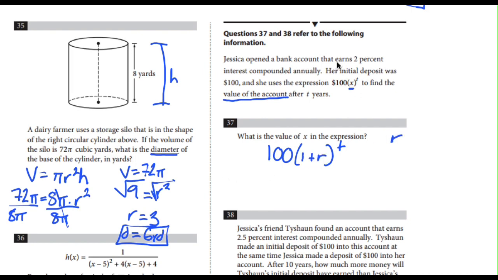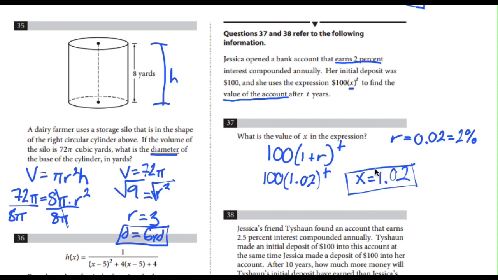Here they tell us that the interest rate that they earn is 2%. So r is going to be 0.02, which is 2%. And we're going to plug that in. So we'll get that 100, and then 1 plus 0.02 is 1.02 to the power of t. And as we can see, x equals 1.02. And this will be our answer.